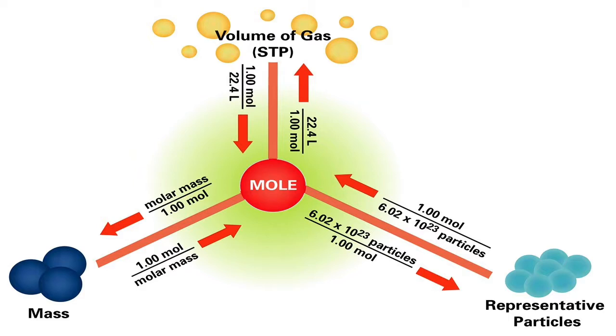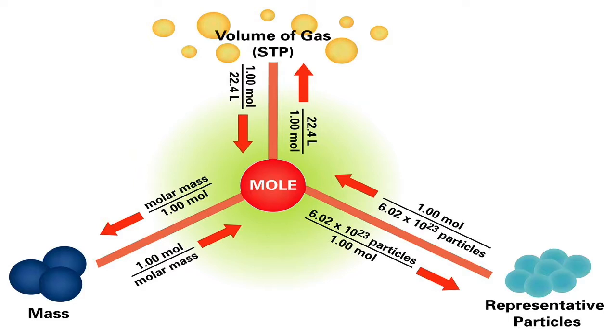For instance, sodium chloride. Sodium 23, chlorine 35, it's all rounded. 58 atomic mass units is 1 particle. Therefore, a mole would have a molar mass of 58 grams.